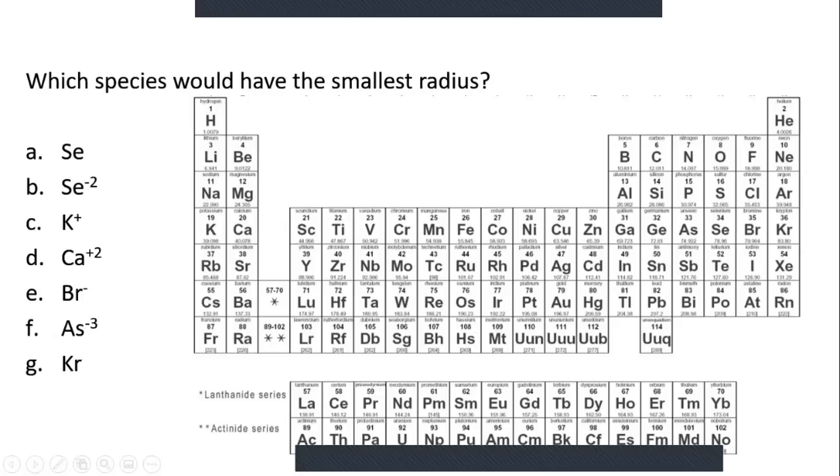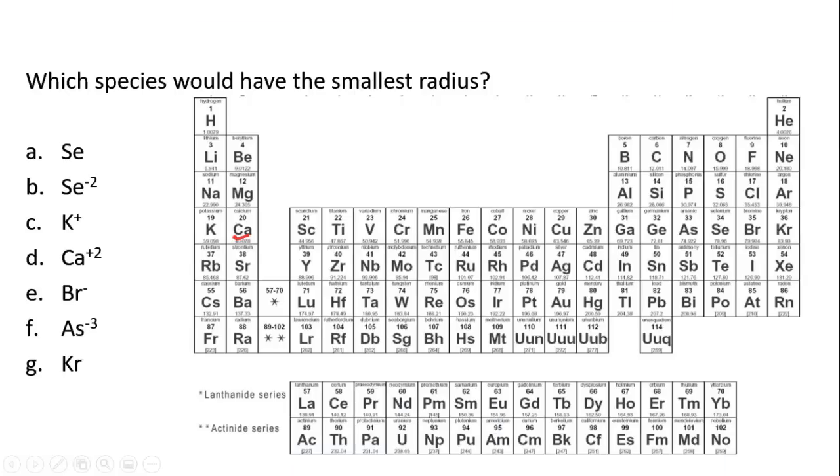Here we want to know which one has the smallest radius. So again, what do we have? We have calcium 2+, potassium, selenium, selenide, bromide, arsenide, and krypton.